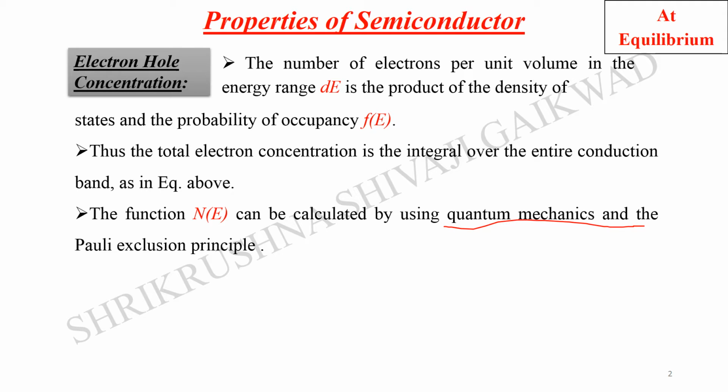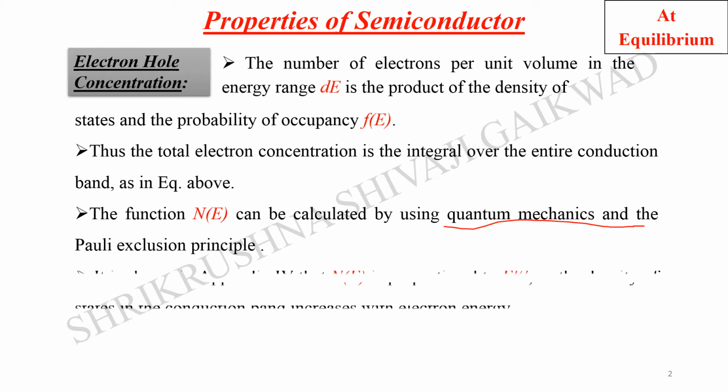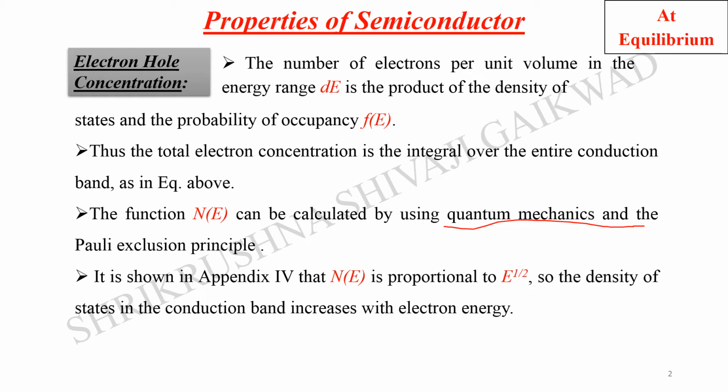How it is calculated is shown in Appendix 4 of the Streetman and Banerjee book, so I am directly copying the result from there. N(E) is proportional to the square root of the energy.